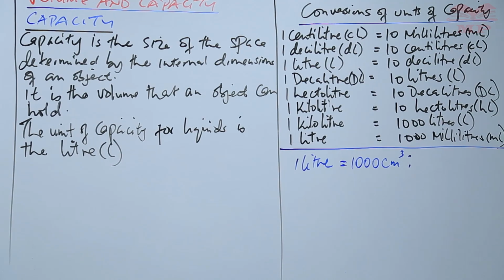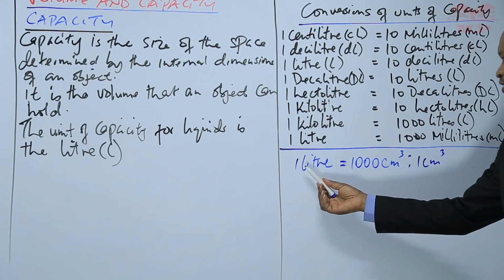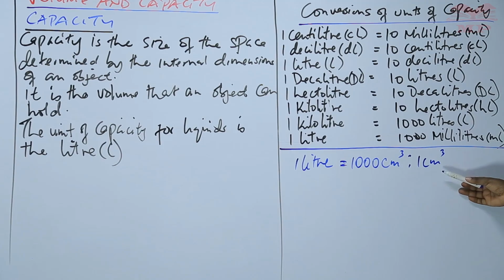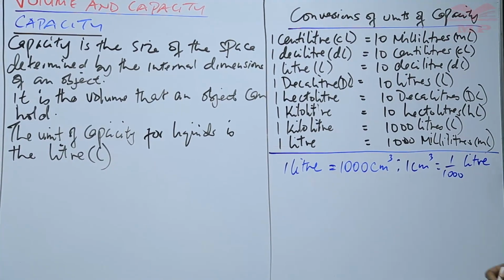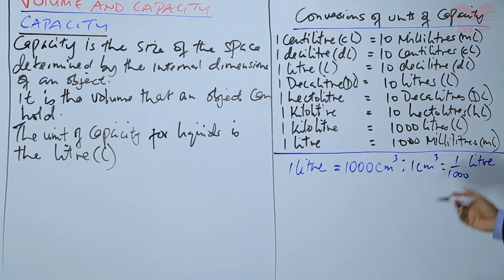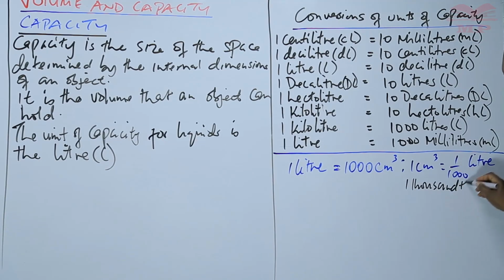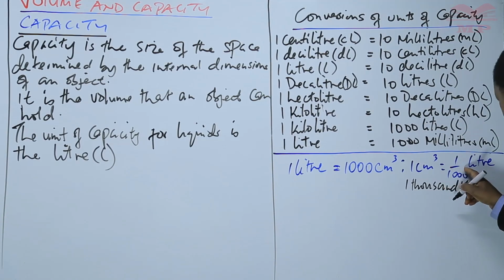That is to mean that if 1 liter is equivalent to 1,000 cubic centimeters, then 1 cubic centimeter will be equal to 1,000th of a liter.